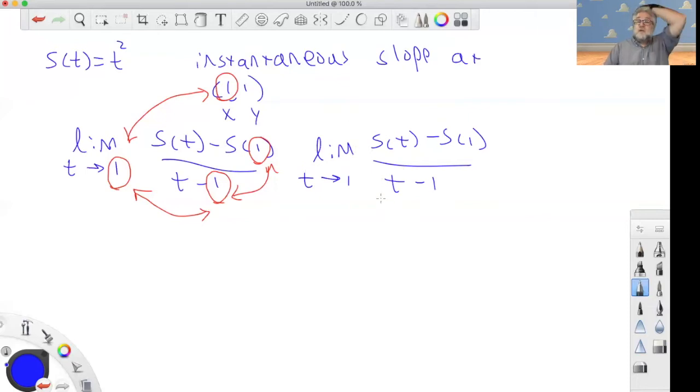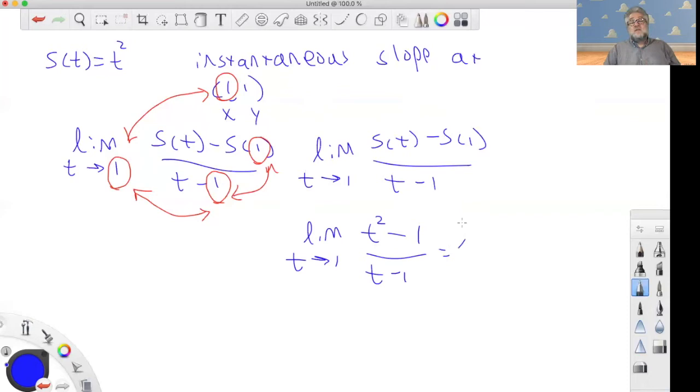if I'm going to do this, let's do it. Limit as t goes to 1 of s of t is t squared minus s of 1, so I put 1 in there, 1 squared is 1, over t minus 1.